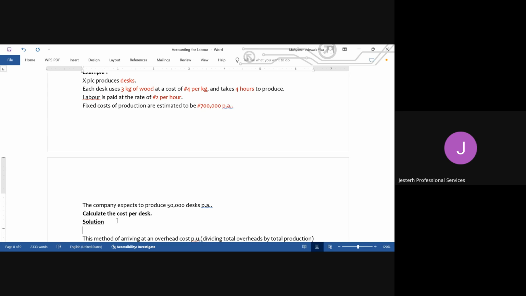Those are the 3 major things you are going to consider whenever you want to determine the cost per unit of production using the absorption costing method. Now, materials.